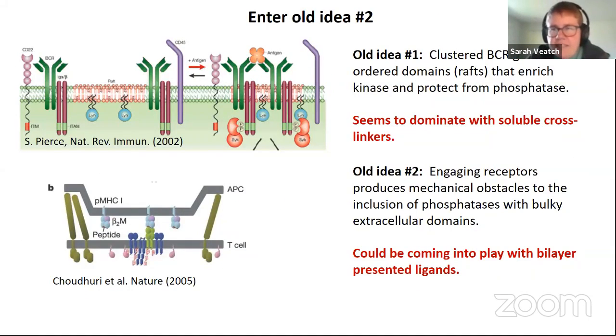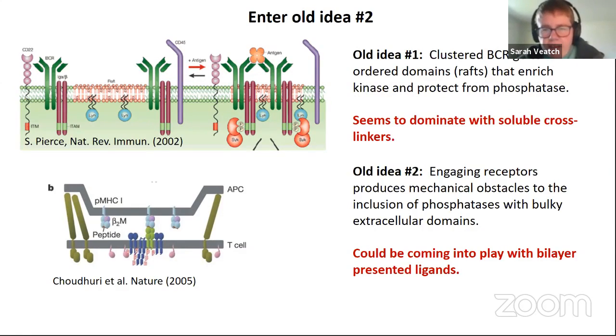So this brings us back to these old and good ideas. We've bolstered old idea number one, that the ordered domains can help facilitate the kinase winning over the phosphatase by shifting local concentration. And this seems to be the dominant thing with a soluble crosslinker, and it also happens to some extent with surface-presented ligands, but it's not the whole story.